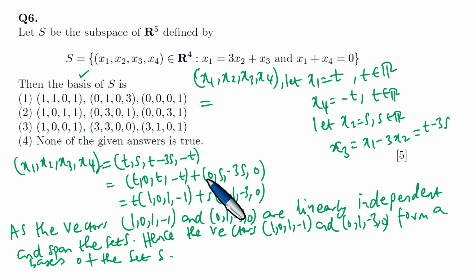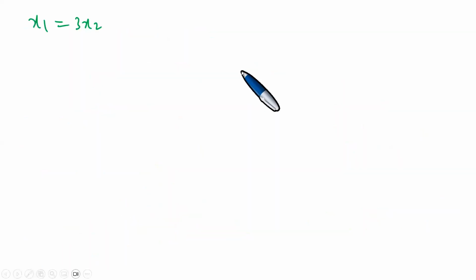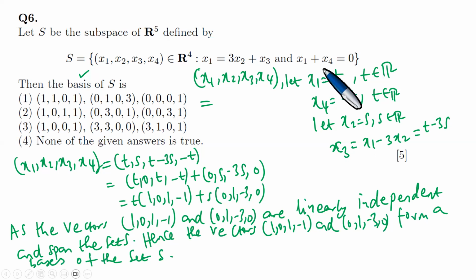For example, one can look at this as x1 equals 3x2 plus x3. And then you look at the other one, which is x1 plus x4 equals 0.